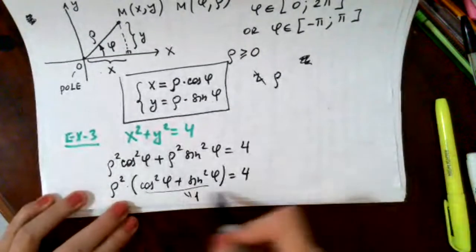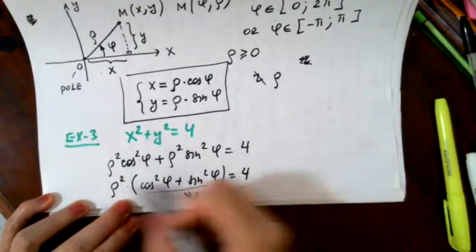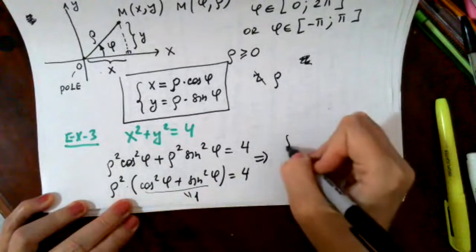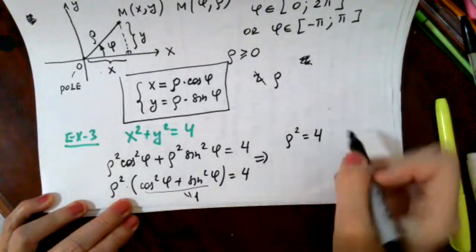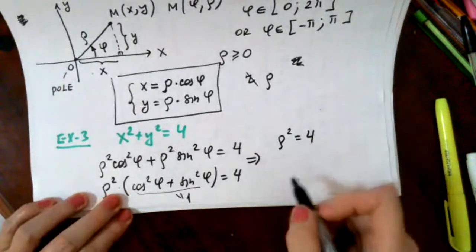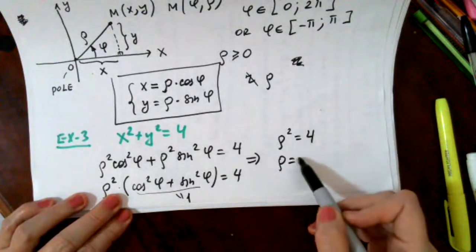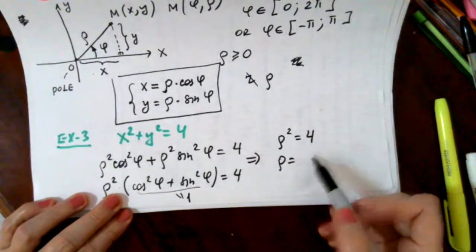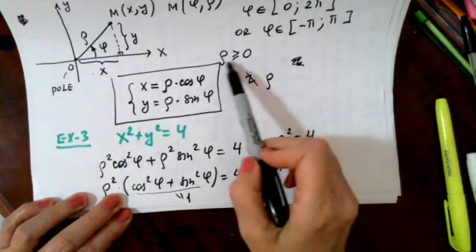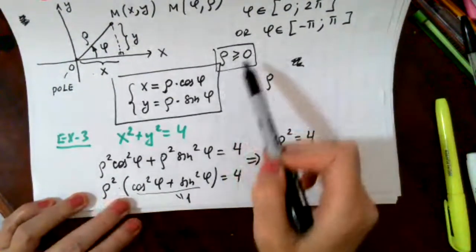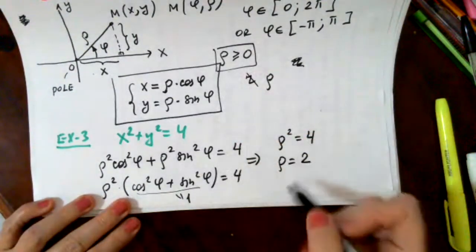This expression is equal to 1. That is why our equation simplifies significantly all of a sudden. Rho squared is equal to 4, which means that rho is equal to, you might be tempted to write plus minus 2, but let's write only 2 because we know this limitation, that rho cannot be negative.